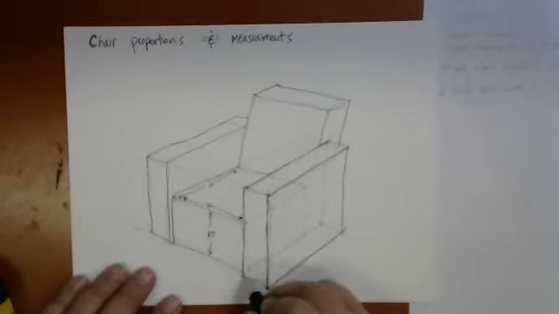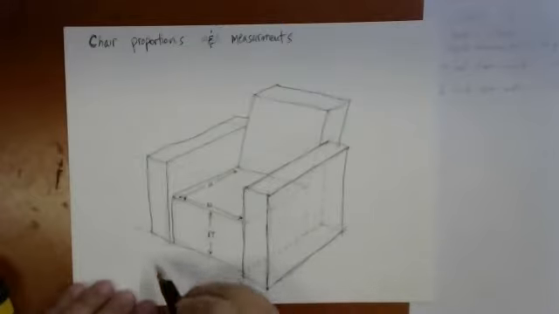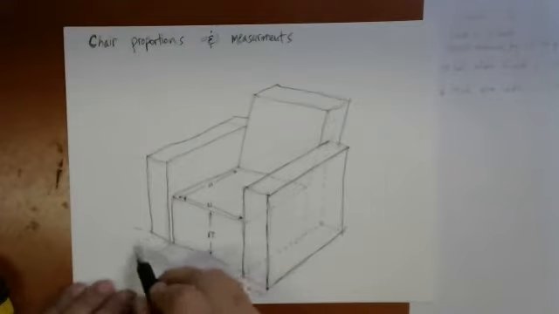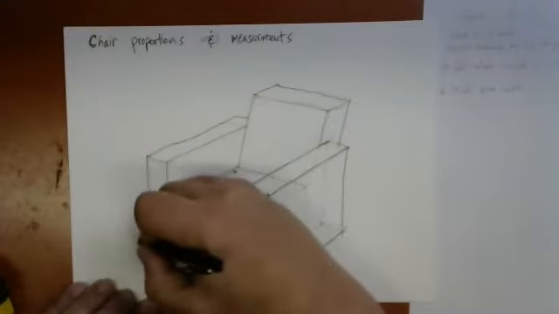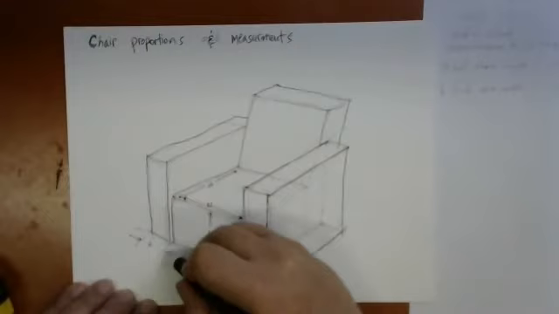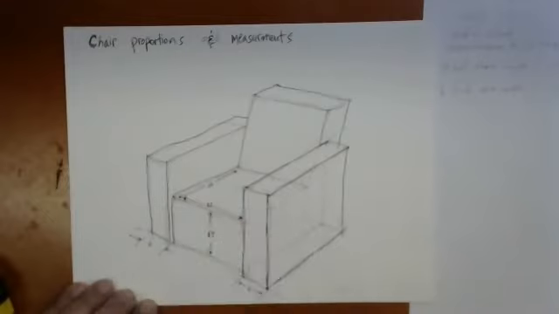For instance, the width of my arms. I know that the arm is 6 inches wide. So I'm just going to indicate 6 inches. Sometimes when you're doing drafting, you can extend the line of a measurement outside of the thing.